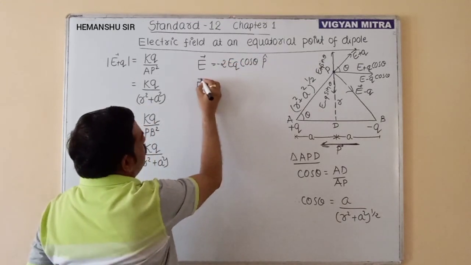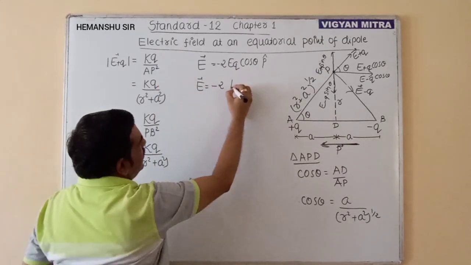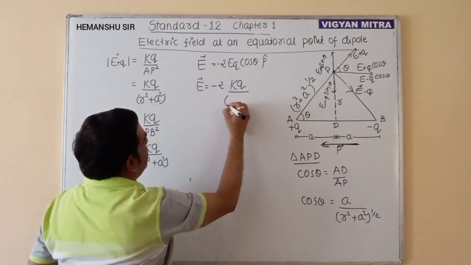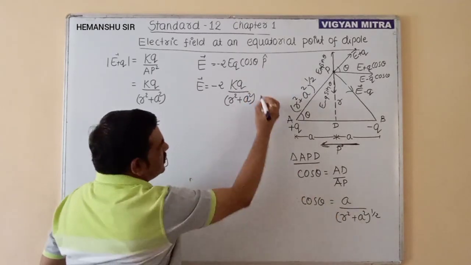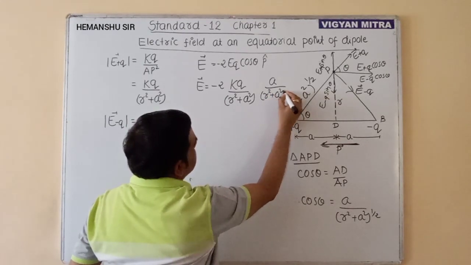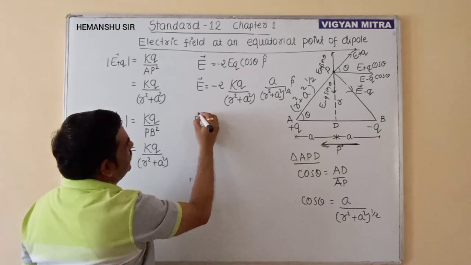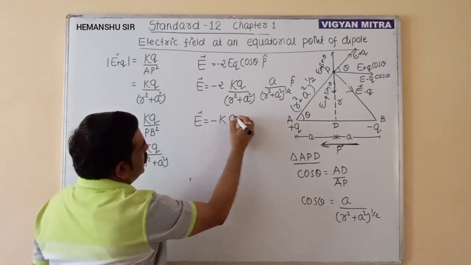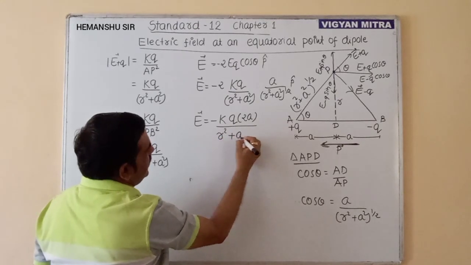So the electric field at point P is given by 2 EQ, which is KQ divided by (R square plus A square), cos theta is A divided by (R square plus A square) raised to 1/2, into P cap. So it will be like this: minus KQ into 2A divided by (R square plus A square).